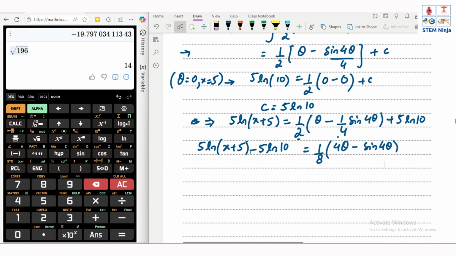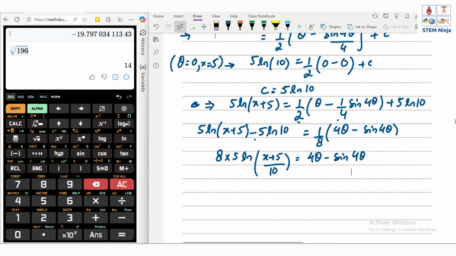And since we have a minus sign over here, we can multiply the 8 with 5 ln of x plus 5 over 10 equals 4 theta minus sine 4 theta. Now we can take 5 and 8 on the other side, so 40, we can divide by 40 on the other side.